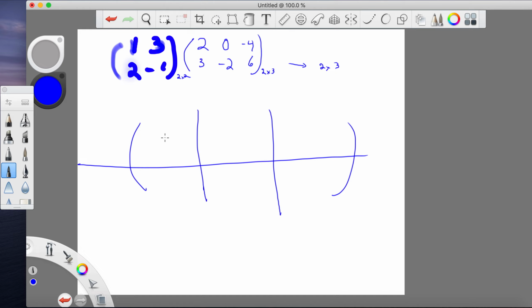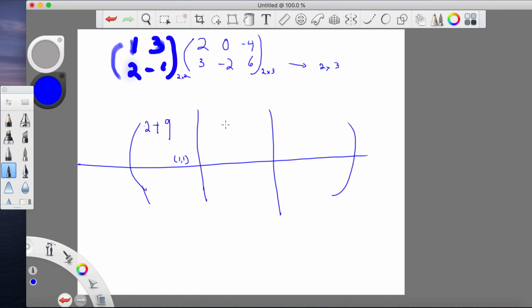Okay, so to get the first element in the first row, first row, first column, I'm going to multiply this row with this column. Okay, so I get 1 times 2 plus 3 times 3, which is 9.